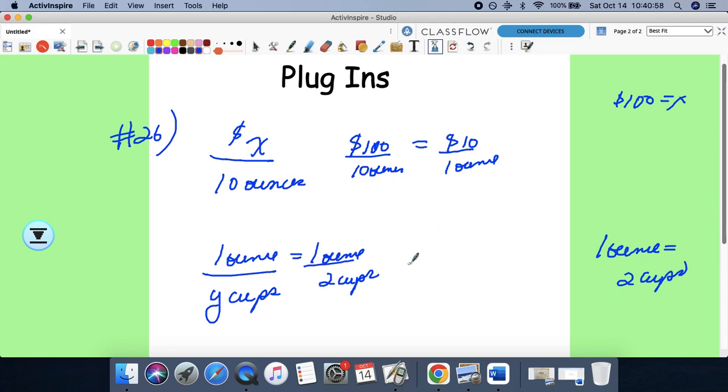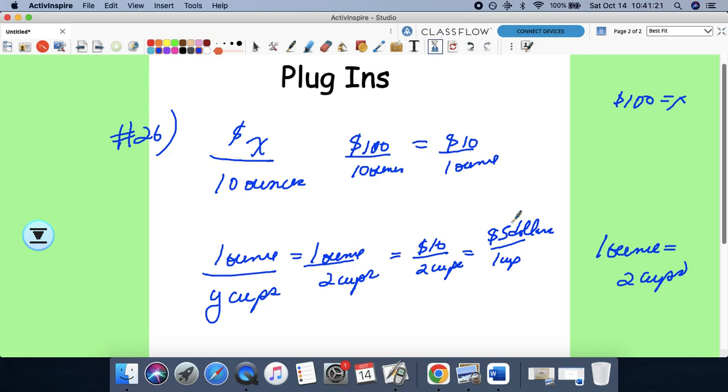So therefore we know 2 cups for 1 ounce. 1 ounce is $10. With $10, you can make 2 cups, right? So I can rewrite this and say that for $10, I can make 2 cups. That means that for 1 cup of tea, it's $5.